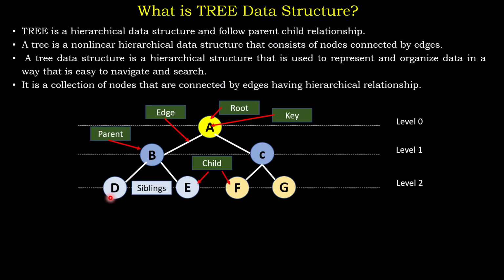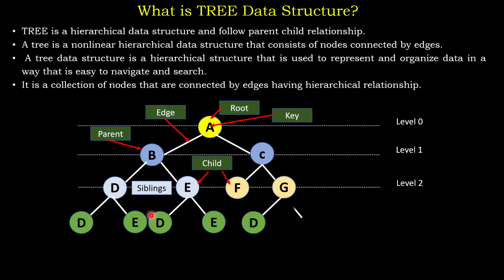Nodes at the same level, children of the same parent, are called siblings. If d is another parent, with e and f below it, they have different children, and this is another level.